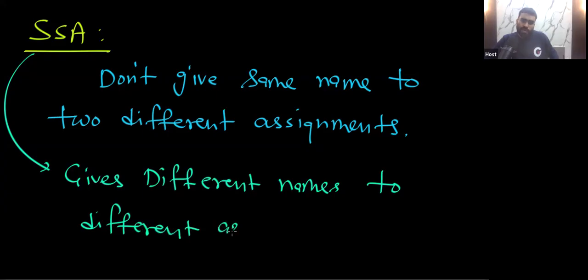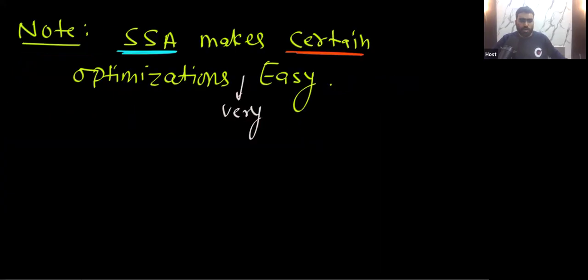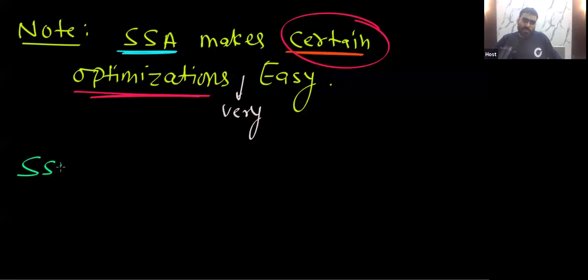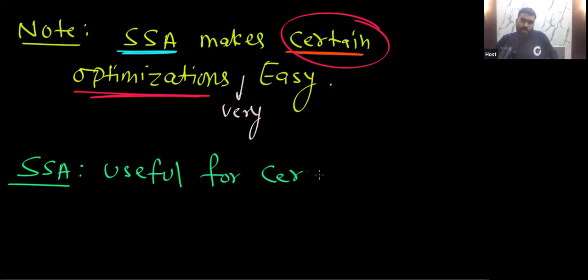Because of that, certain optimizations will become very easy. So SSA is only used for optimization. It is useful for certain optimizations; some kinds of optimizations you can easily do on SSA.